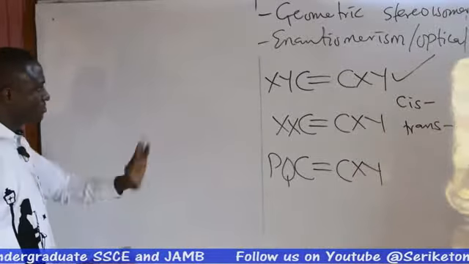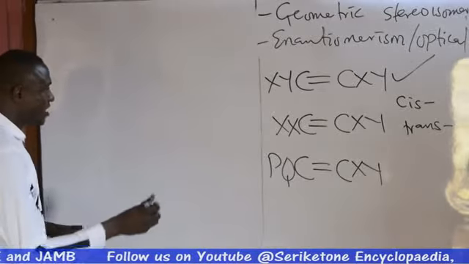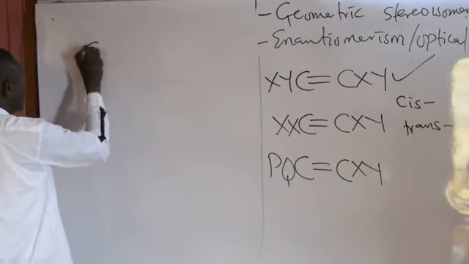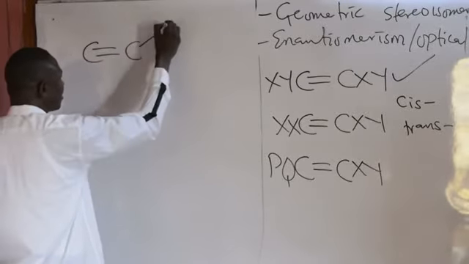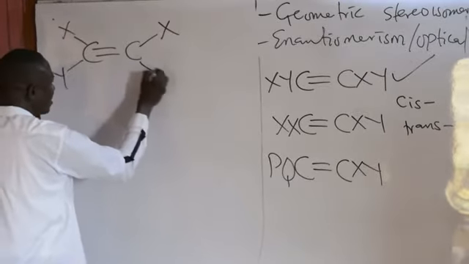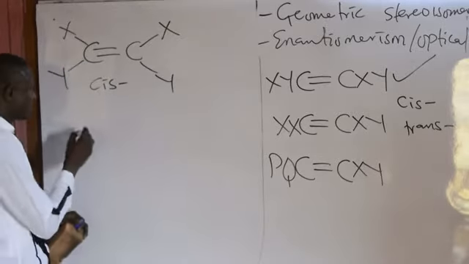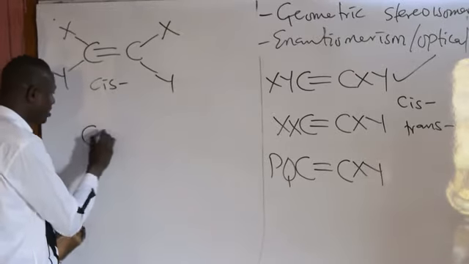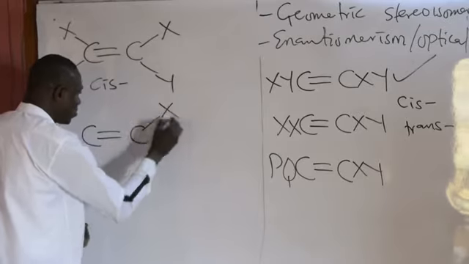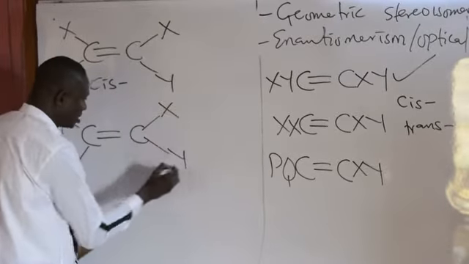Now, when the two similar atoms or groups are adjacent to each other, we refer to that kind of geometric isomerism as the cis isomer. Like when you have something like this, X, Y, X, Y, this is the cis isomer. While the trans isomer is when the two similar atoms or groups are on opposite sides of the two carbon atoms.